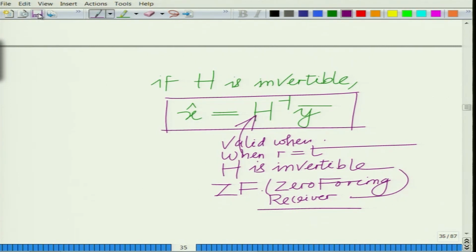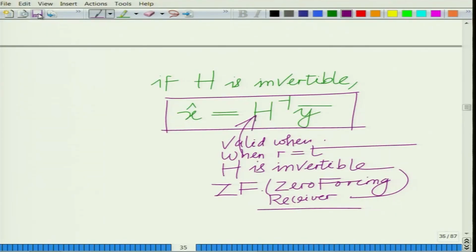One can also think of it as an equalizer, although it is typically known as a zero forcing receiver, that is it is essentially inverting the effect of the channel. But however, remember this is only valid when R equal to T and H is invertible.